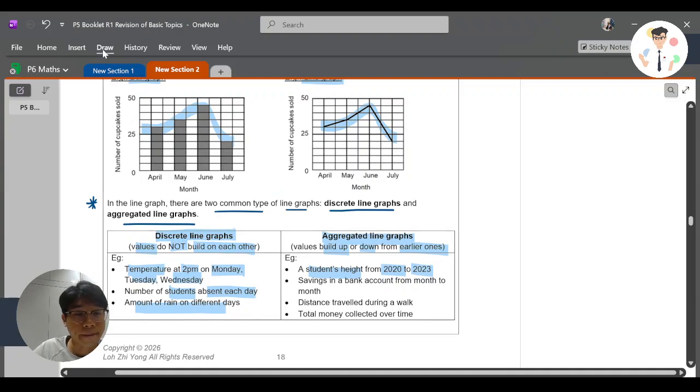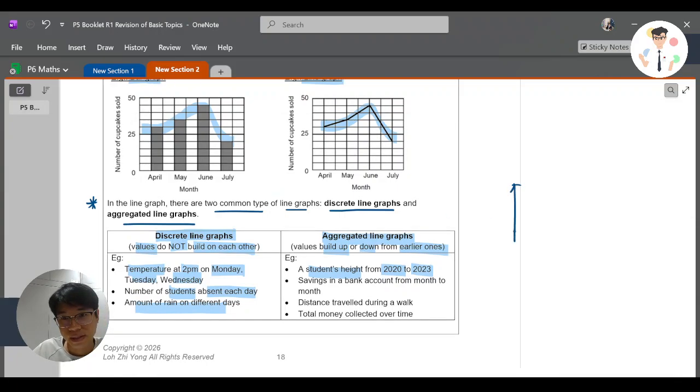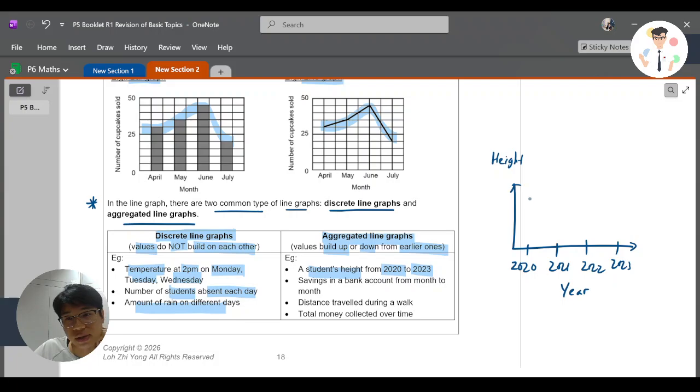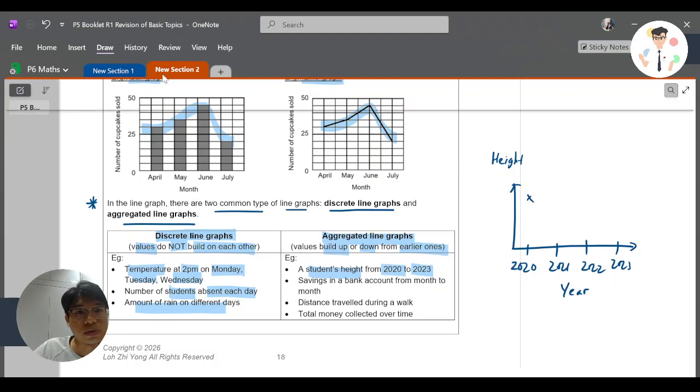I'm just giving an example. There's 2020, 2021, 2022, 2023. I'll say this is year, and I'll say this is height. I'm just drawing a graph like this. Oh, too tall.